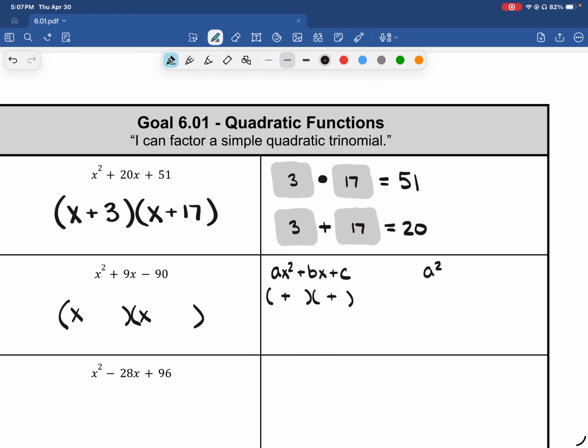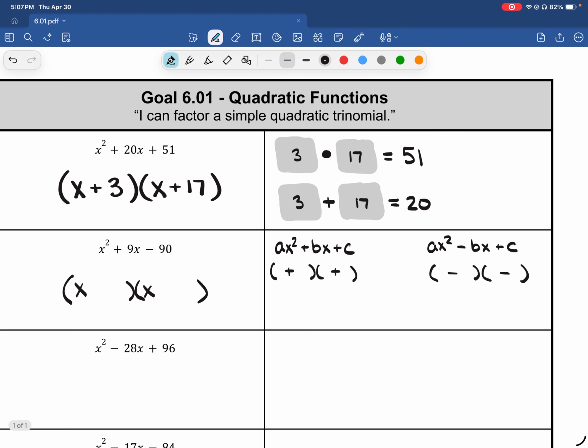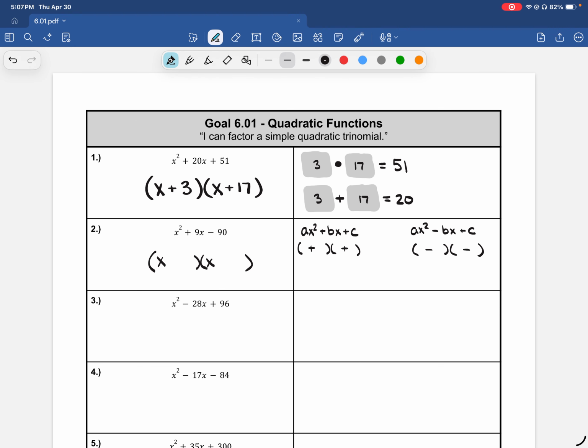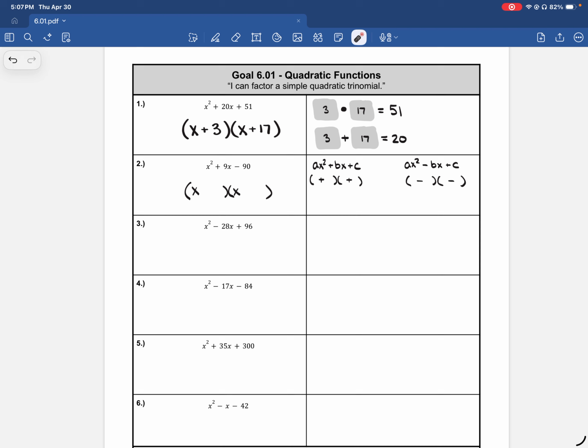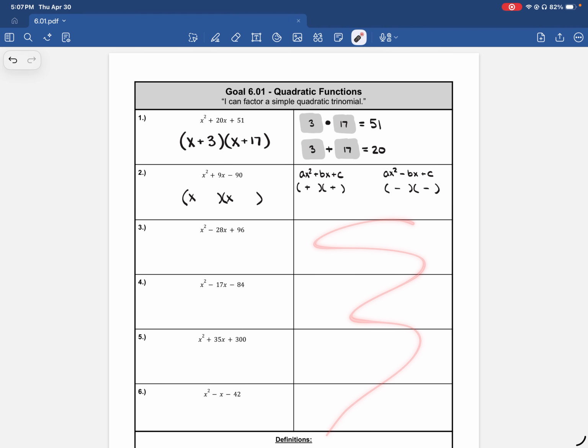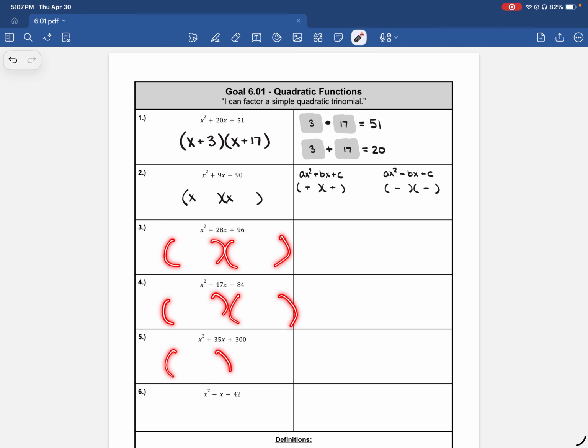If it's ax squared minus bx plus c, your factors are going to be both negative. And so on. Literally just what's written on the board. So just think about different ways that you could express what you know in order to factor the rest of these. Over here, all I'm really looking for is the 2 factors.